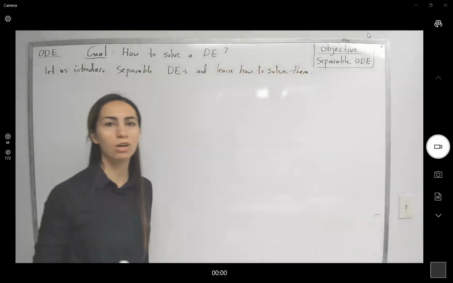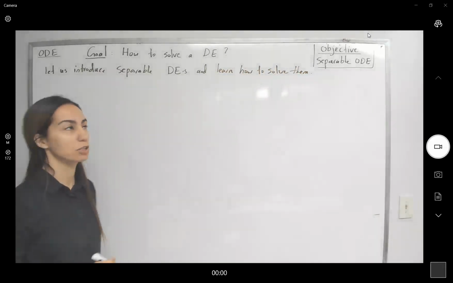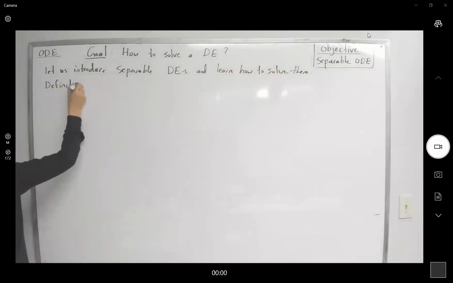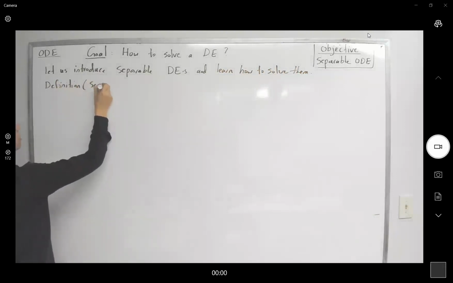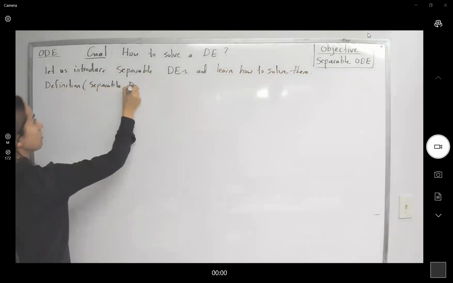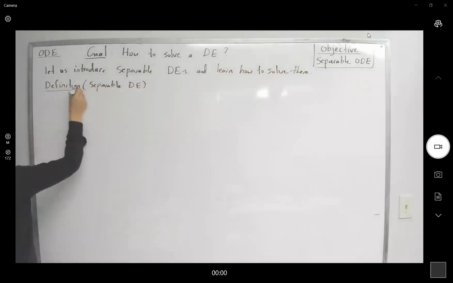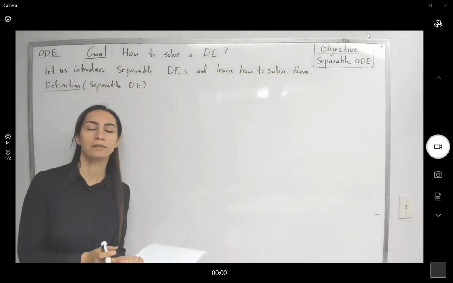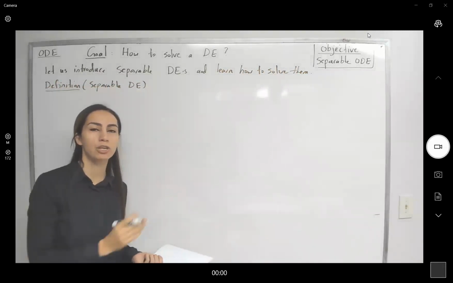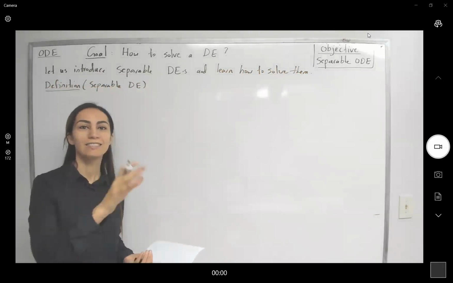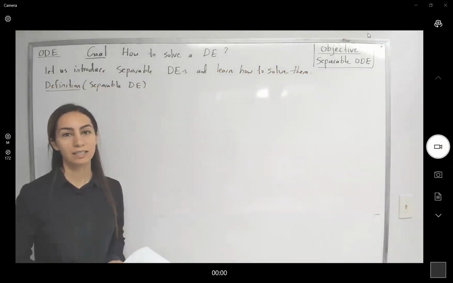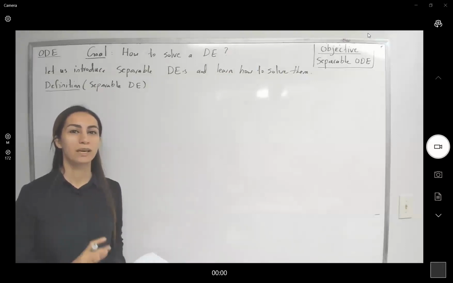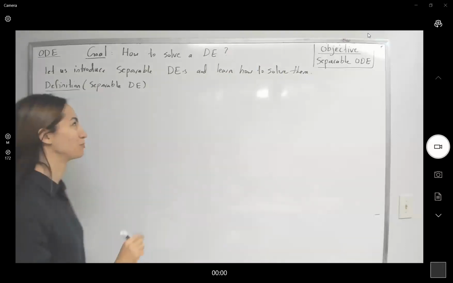So definition, what is a separable differential equation? A differential equation is called separable if you can separate dy and the function in y and dx and the function in x on both sides of your equation, doing pure algebra.